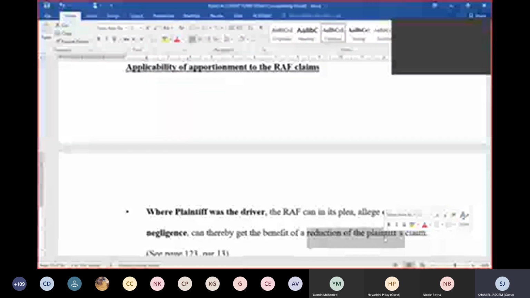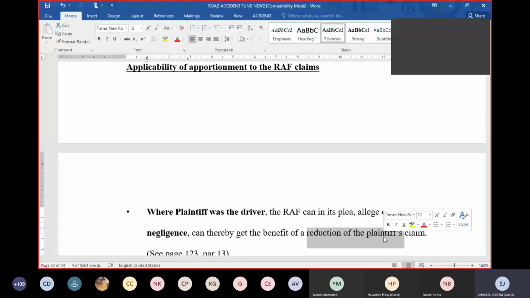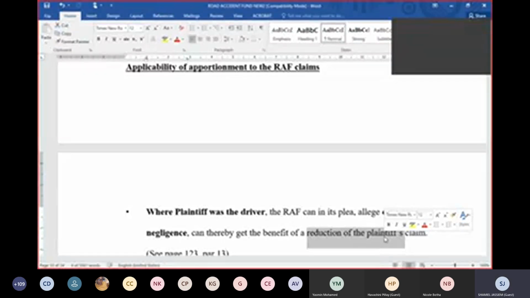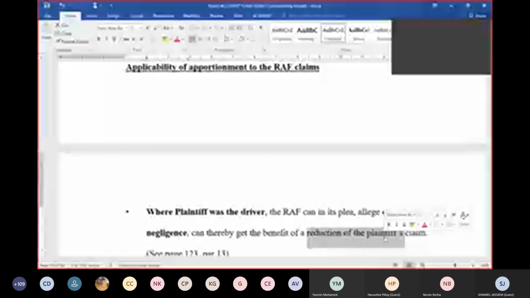The one is in her representative capacity, which is on behalf of the minor child, and the second one is in her personal capacity, that is in respect of the medical and hospital expenses. Everyone understand the scenario? Yes, thank you.